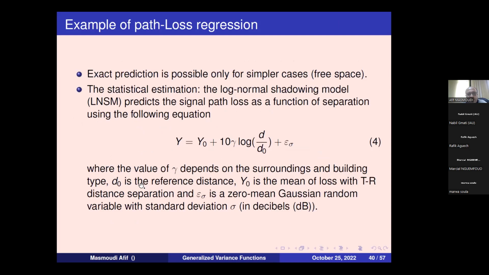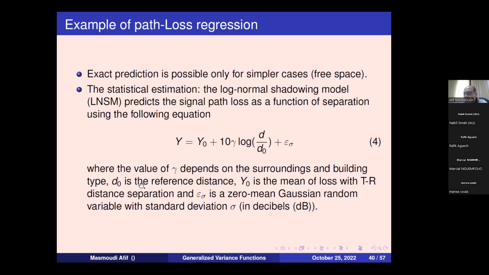As an example of path loss regression, here the exact prediction is possible only for simpler cases, like free space path loss.